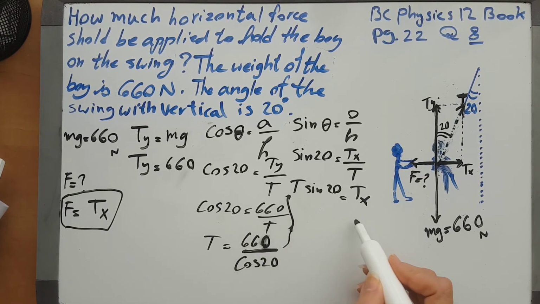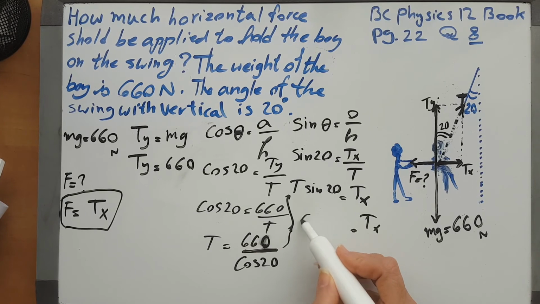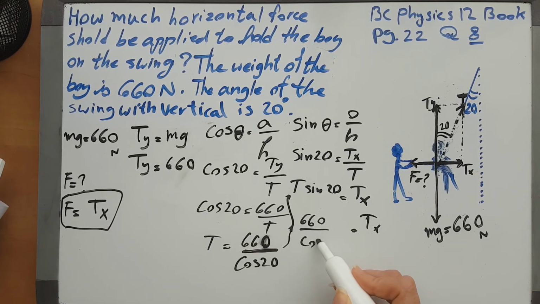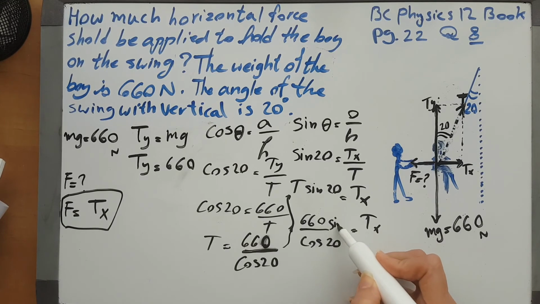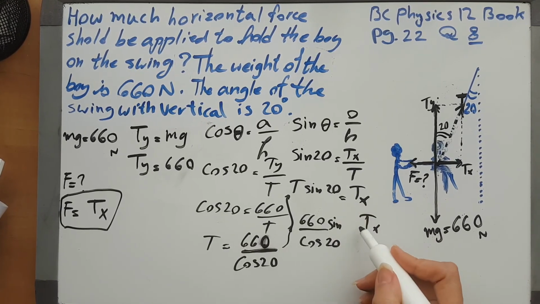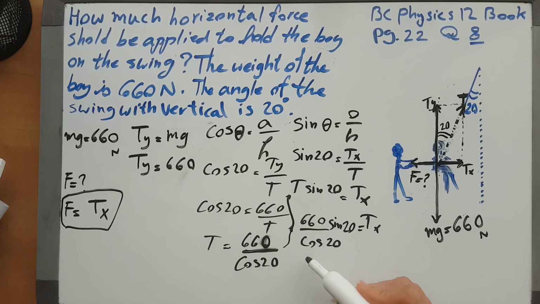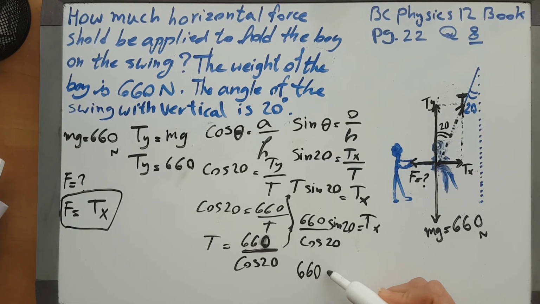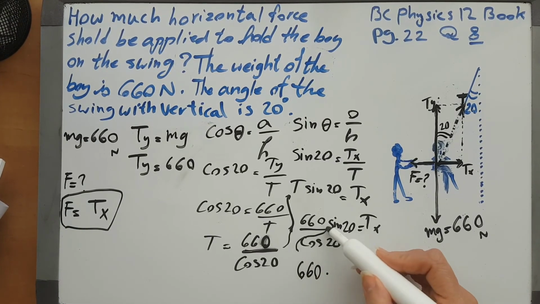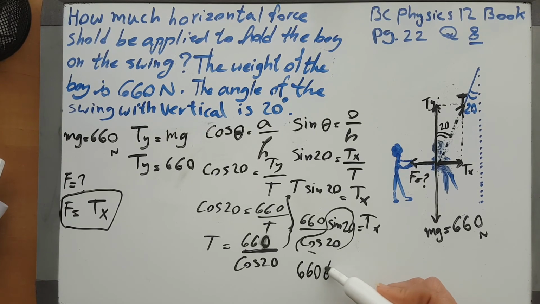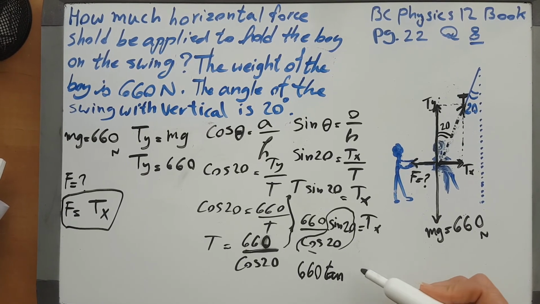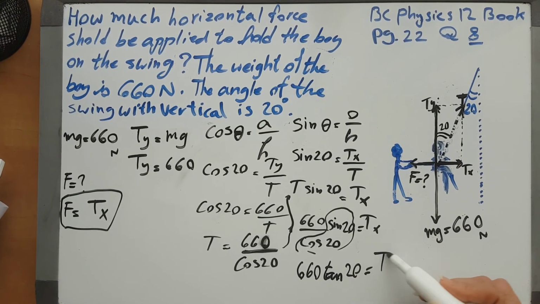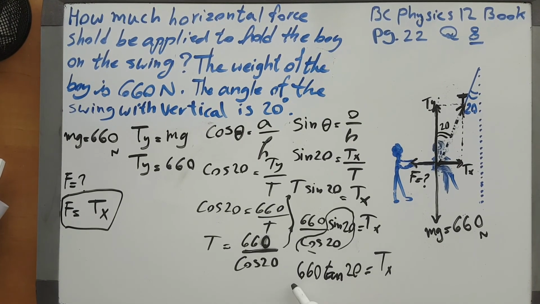Therefore, Tx equals 660 over cosine of 20 times sine of 20, and this equals 660 tan of 20 equals Tx. So this is my answer. Actually, this is the F that I'm looking for.